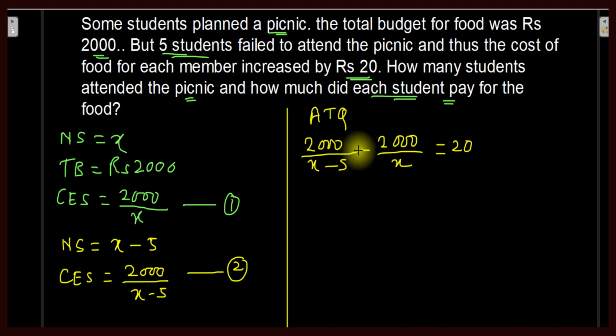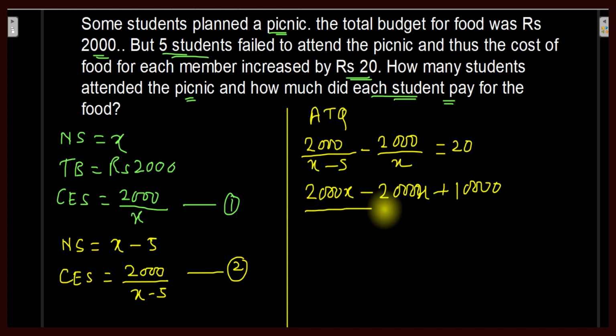Now we will solve this. Multiplying, it will be 2000x minus 2000 times x minus 5, so it will be 2000x, and then minus into 2000, minus will be plus, and so it will be 10,000 upon x into x minus 5, which is equal to 20.